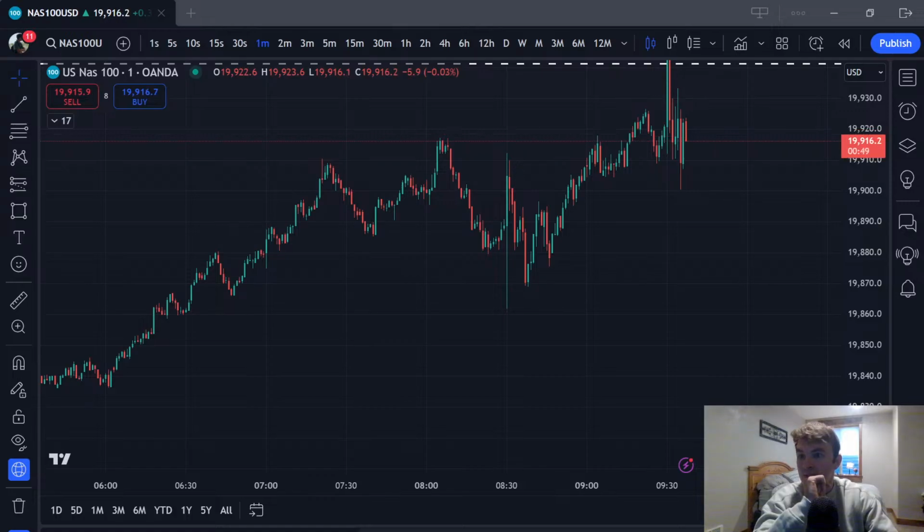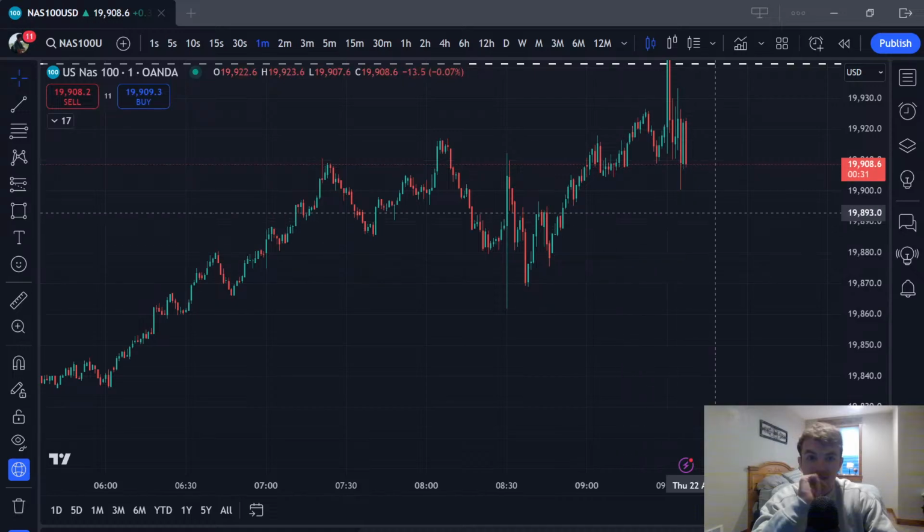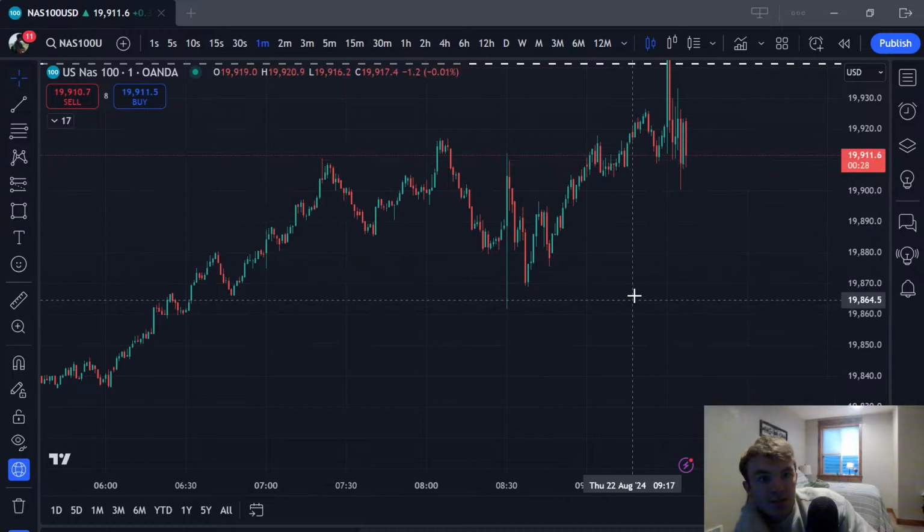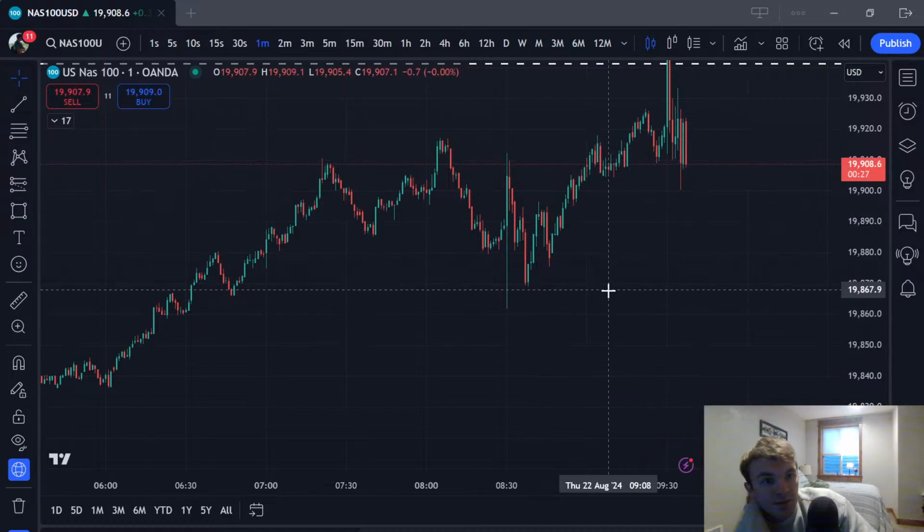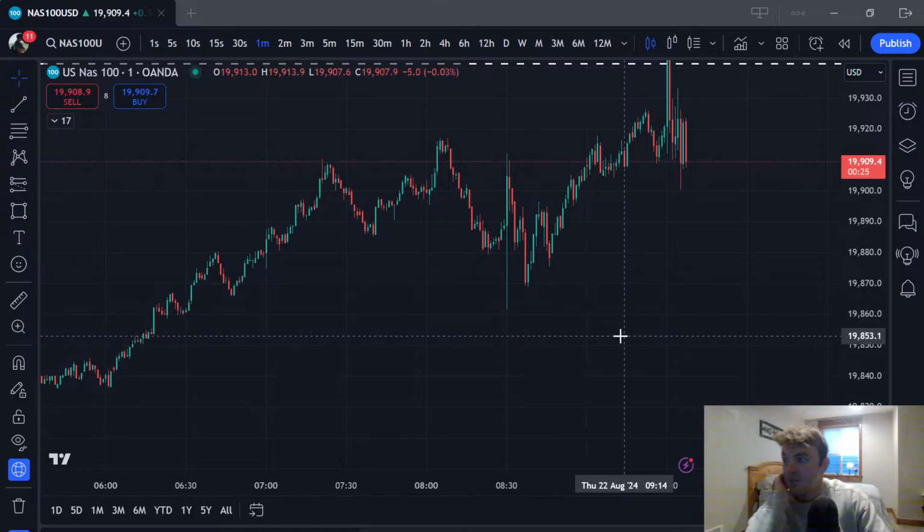So there's the futures contracts and there's CFDs. I'm looking at the CFDs chart right now. On the CFDs chart, there's still a 2 hour gap, but on the futures contracts chart, there's not.